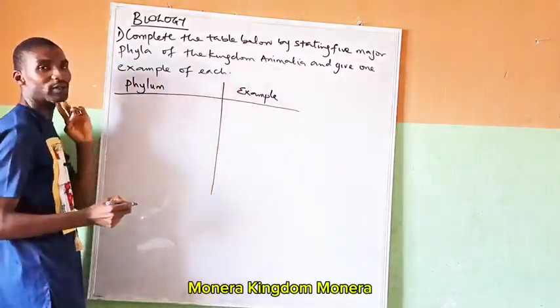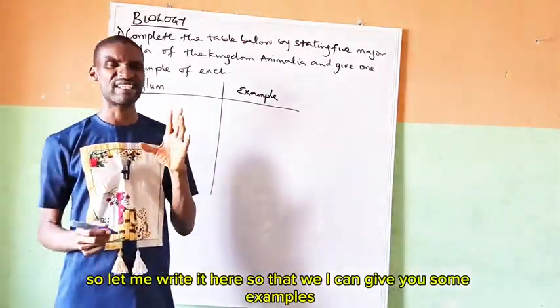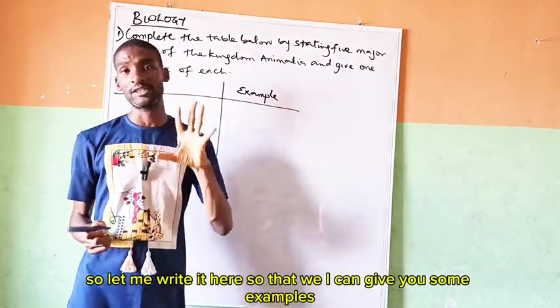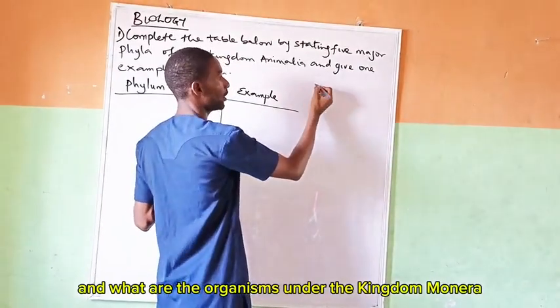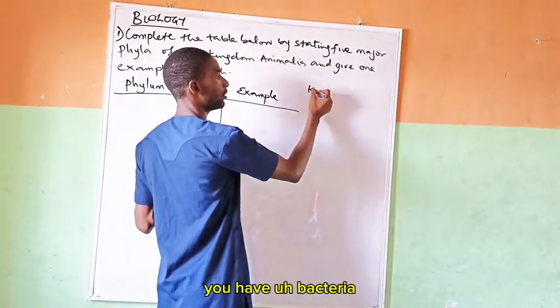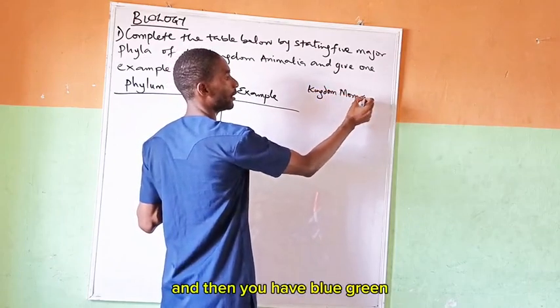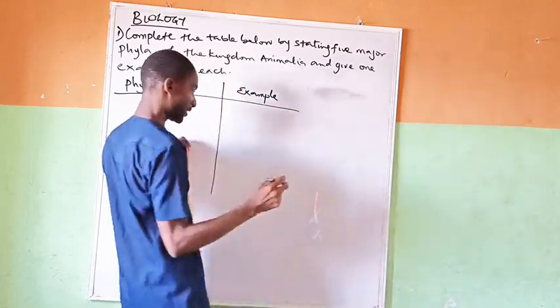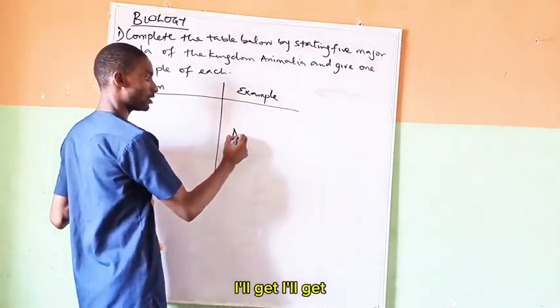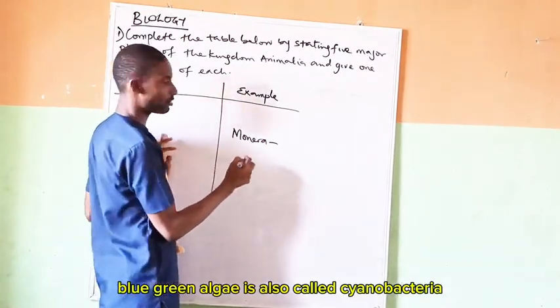Now, before we talk about the different phyla, living things are basically classified into 5 kingdoms, which you already know. The 5 kingdoms are the Kingdom Monera. Let me write it here so that I can give you some examples. What are the organisms under the kingdom Monera?